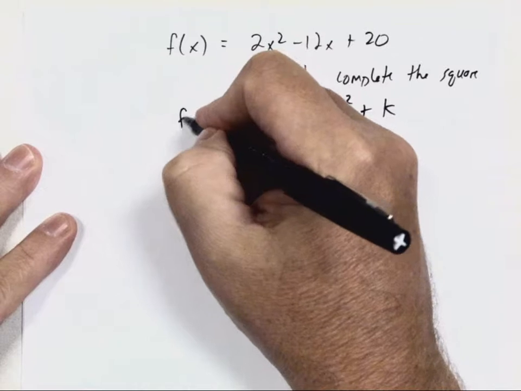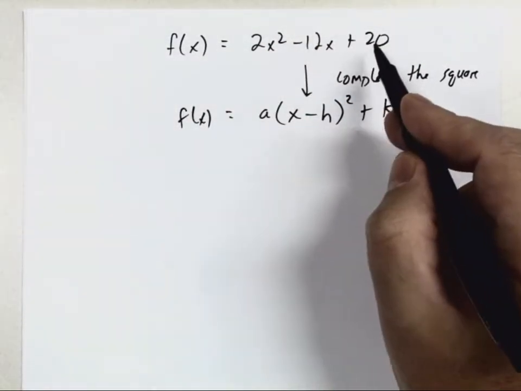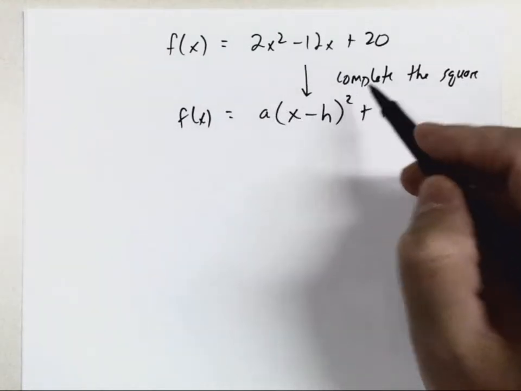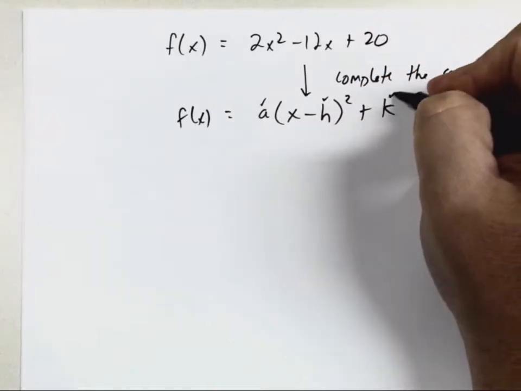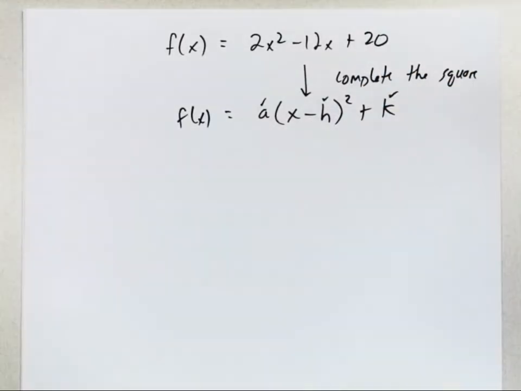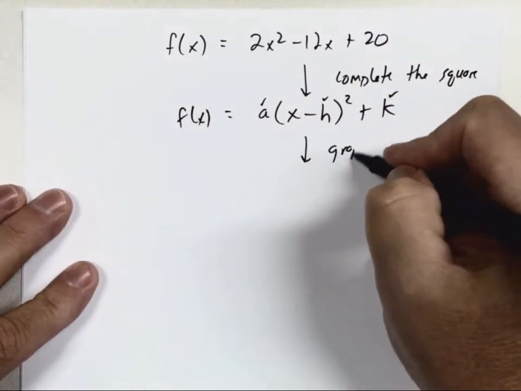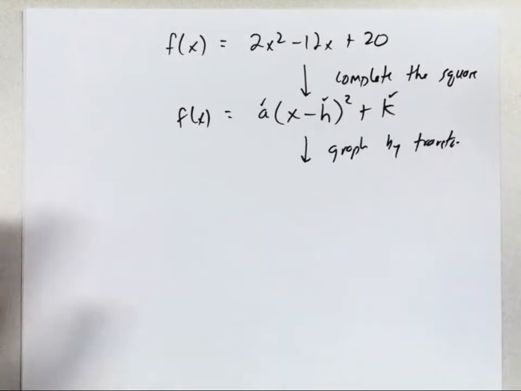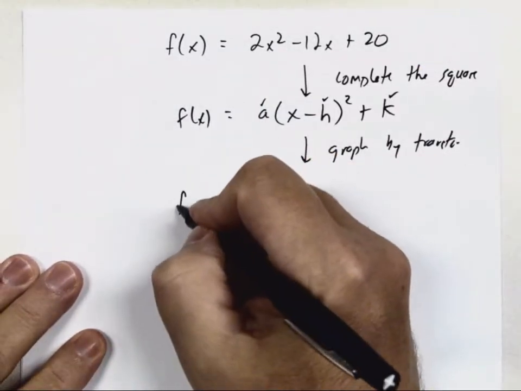I don't know if the book uses this designation, but basically, I want to take this equation and rewrite it so that I have parentheses squared, and I need to figure out what A is, what H is, and what K is. These are going to be numbers. And once I do this, then they want me to graph it by doing the transformation. So let's just go and do this example. So I've got to complete the square.